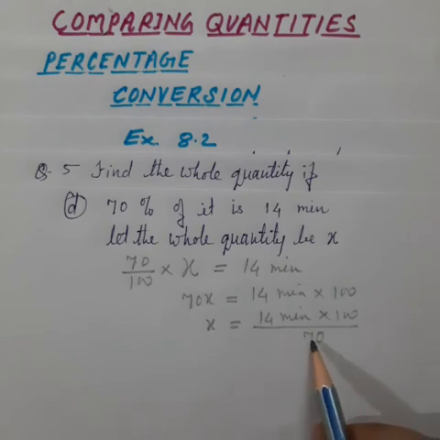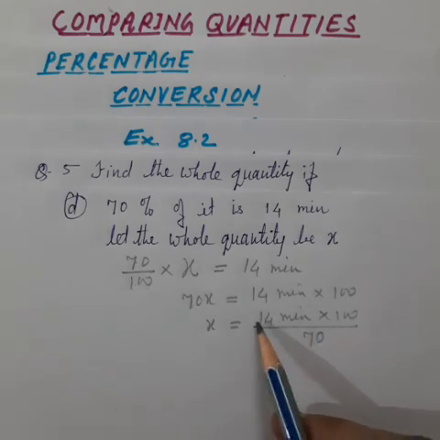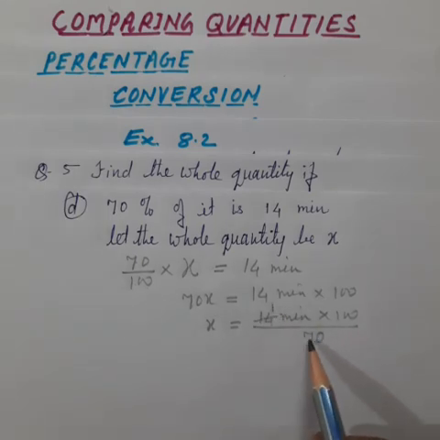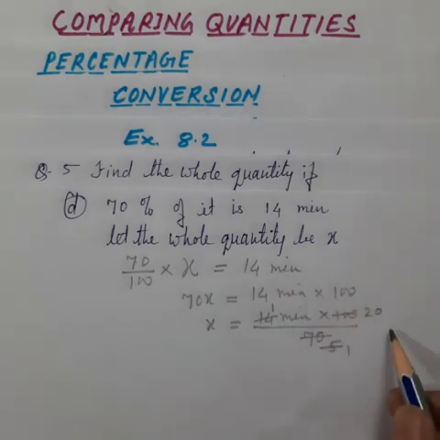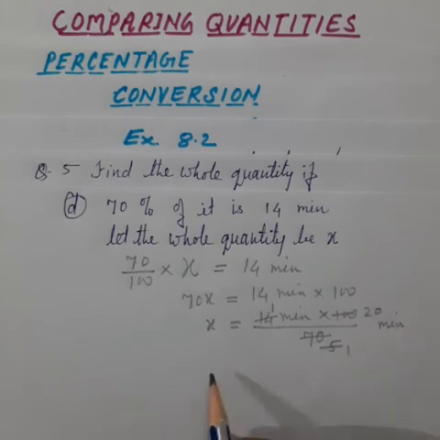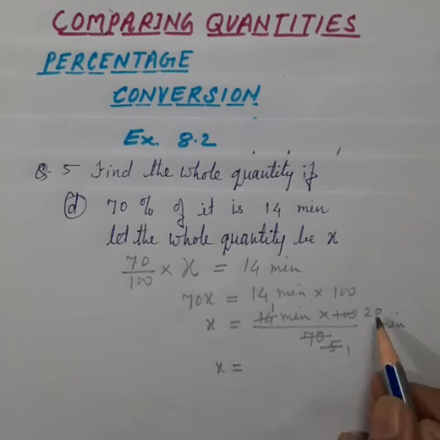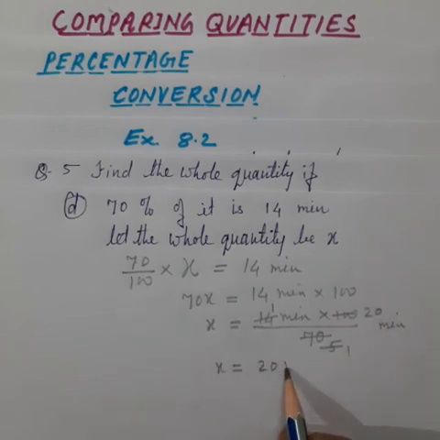Now we know that this 14 and 70 has common factor 14. 14 ones are 14, 14 5s are 70. And now this 5 ones are 5 and 5 20s are 100, and it is in minutes. So x, the whole quantity, is 20 minutes.